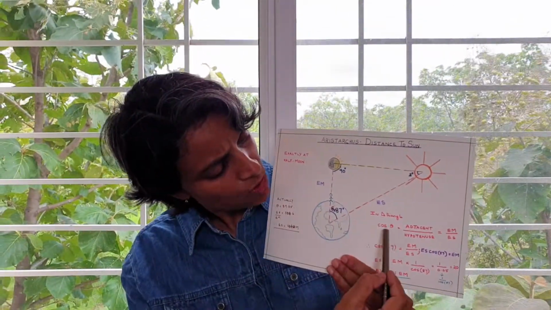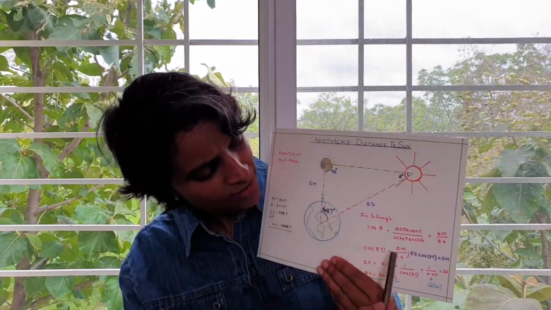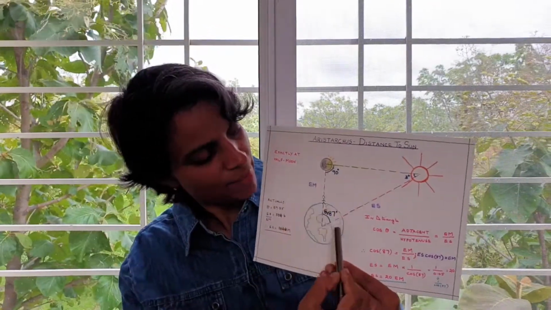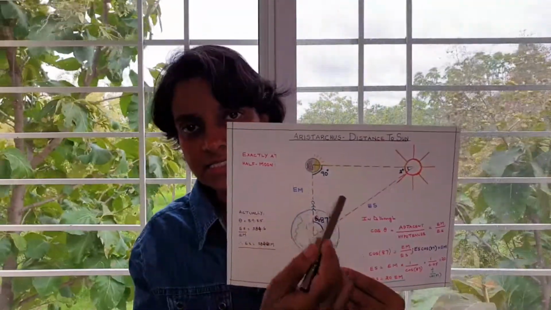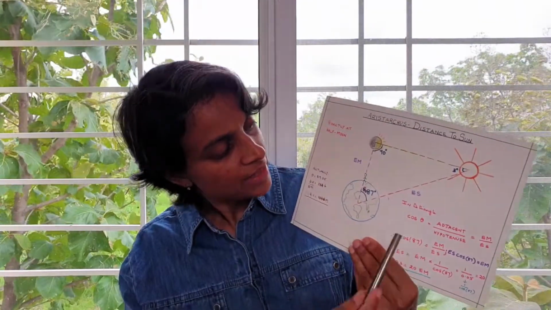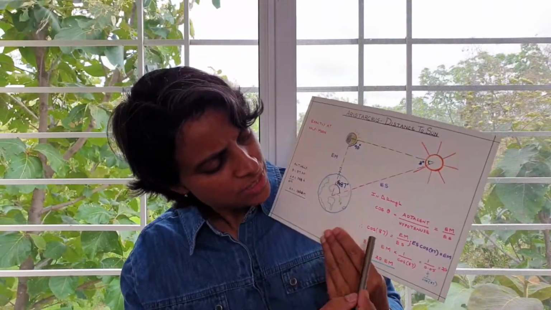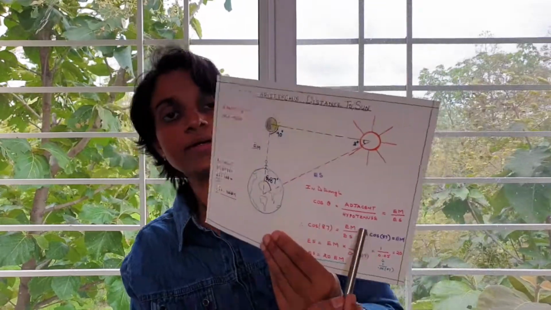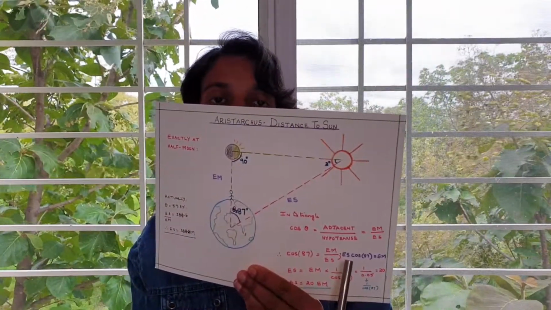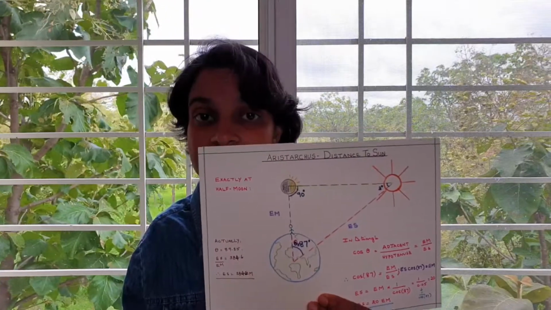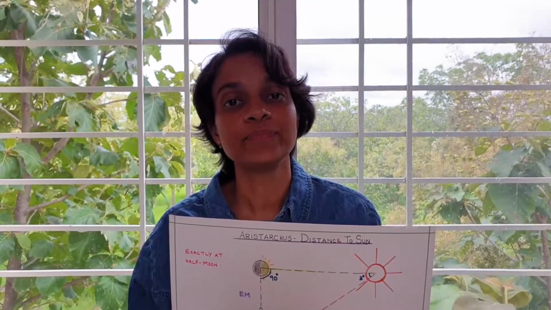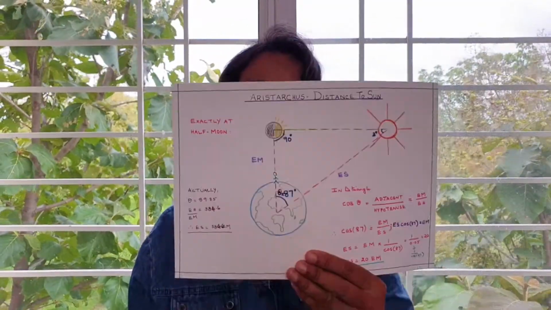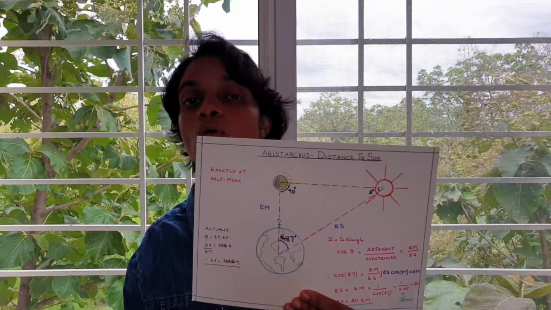So he said that cos theta or cos 87 is EM, adjacent, by hypotenuse, ES, earth sun, earth moon. And if we take this calculation, then EM becomes ES cos 87. So if you want to know ES, it is EM into 1 by cos 87, and 1 by cos 87 is 1 by 0.05 or 20.